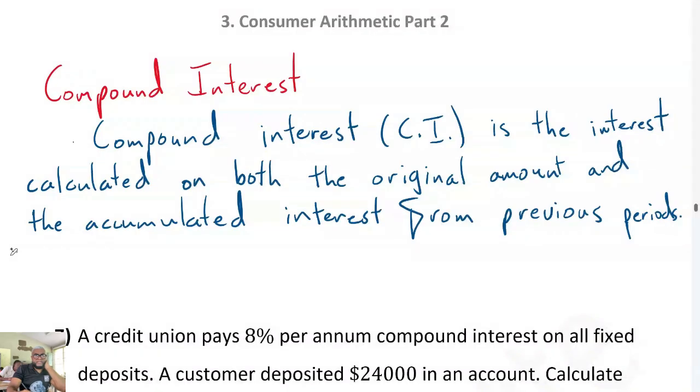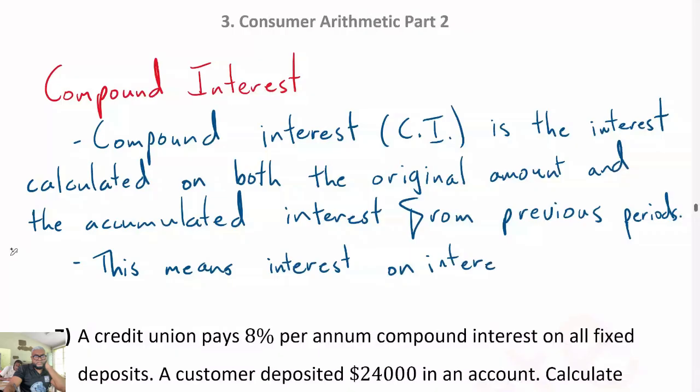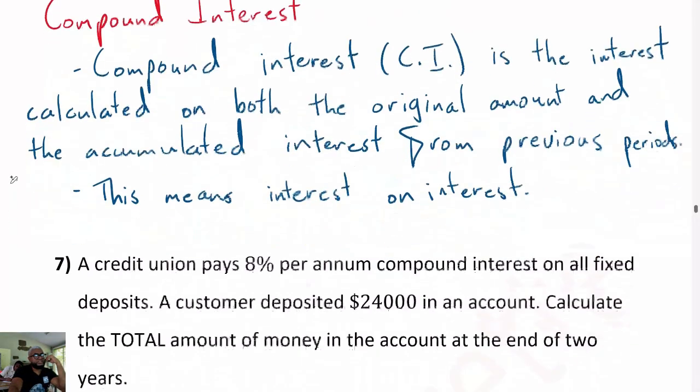So this basically means interest on interest, right? It's like a compound interest on interest.